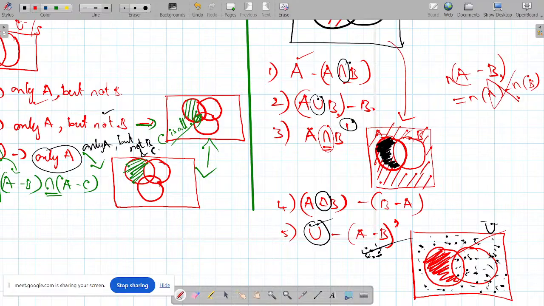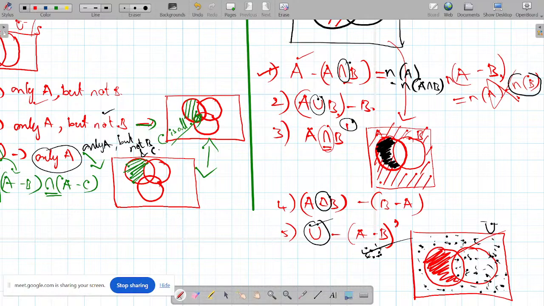Because if I take the help of the first expression, A minus A intersection B, I can write it as n of A minus n of A intersection B. If you do it the other way, you're completely removing B. What is n of B? Here B is not completely removed. What is the overlap?